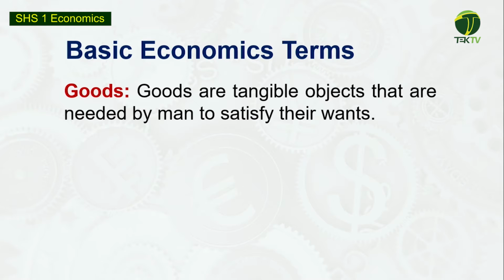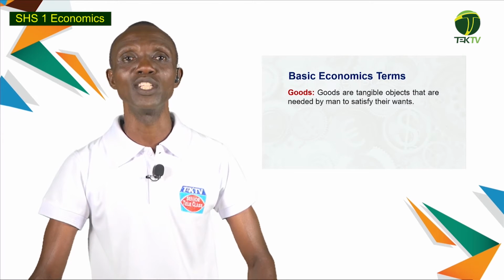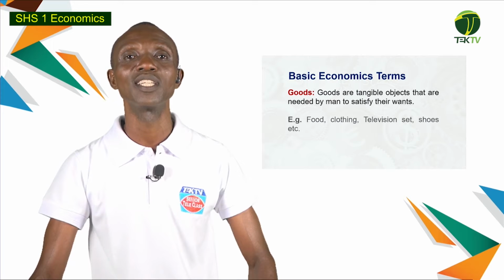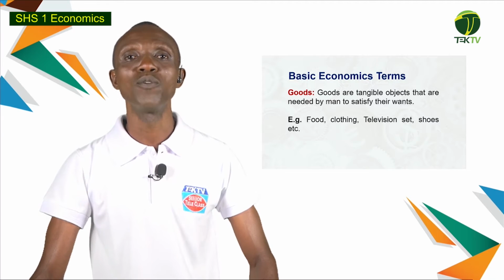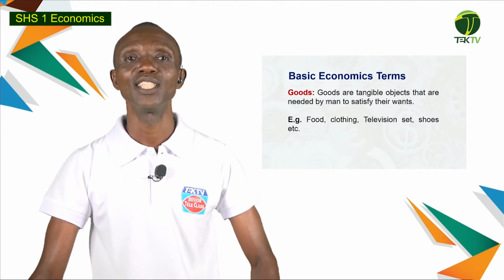Good. Now, we could also talk about goods. Goods are tangible objects that are needed by man to satisfy their wants. Now, for every want of an individual to be satisfied, the individual needs goods to satisfy these wants. And examples of goods are food, clothing, television set, shoes.